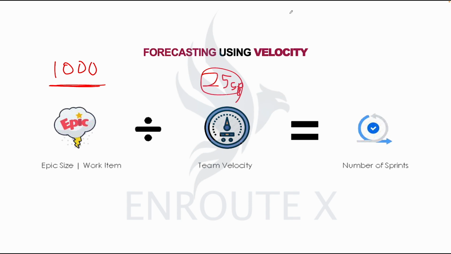So that would then give us 1000 divided by 25, which would give us, what am I doing? 1000 divided by 25 will give us 40, right? I believe I'm correct. Yeah, 40.